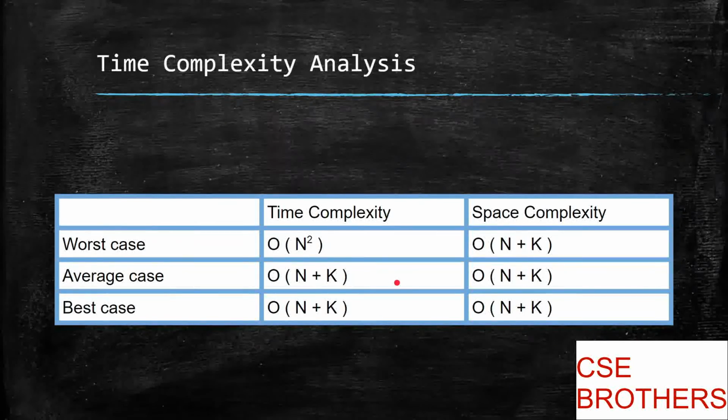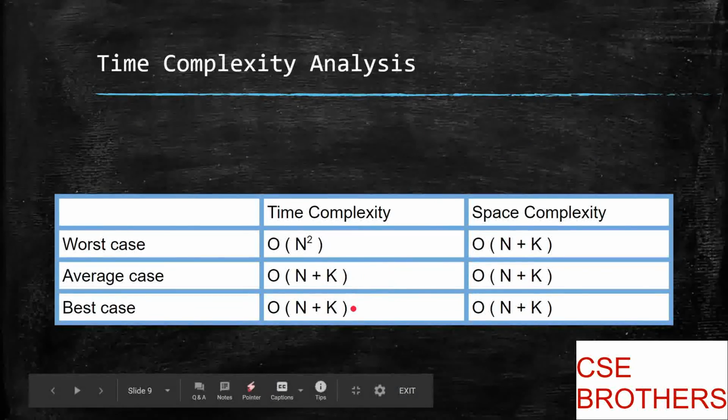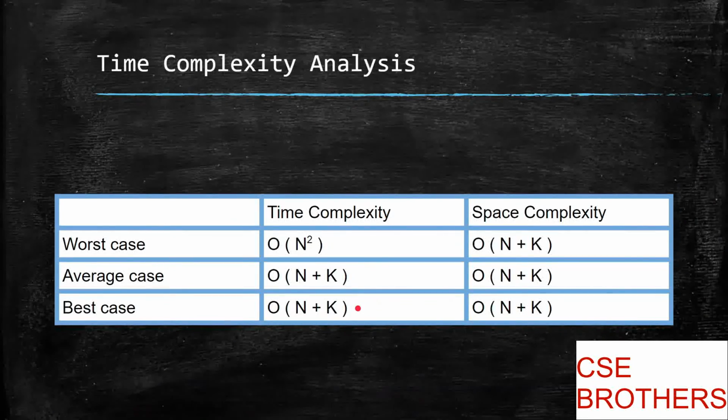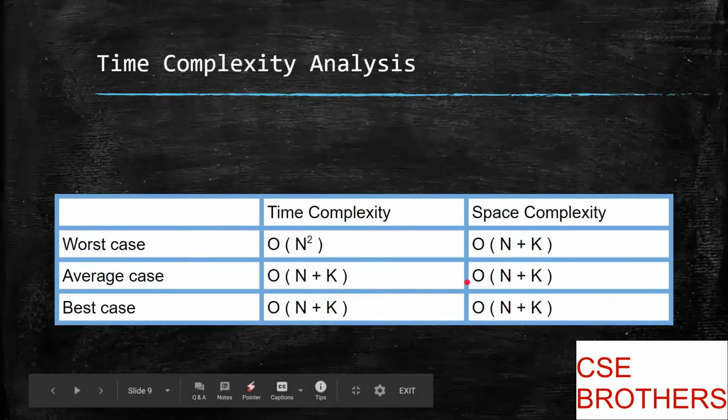By removing lower order terms, the time complexity of bucket sort in the average case would be order of n plus k, and similarly, the time complexity in the best case would also be order of n plus k, and the space complexity of bucket sort in all cases would be approximately order of n plus k.